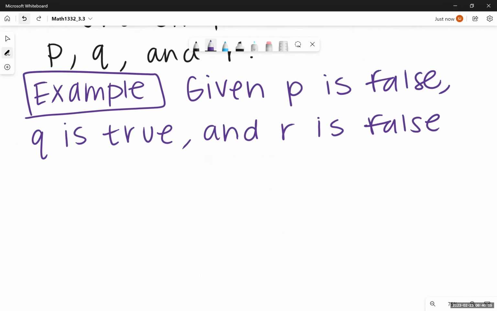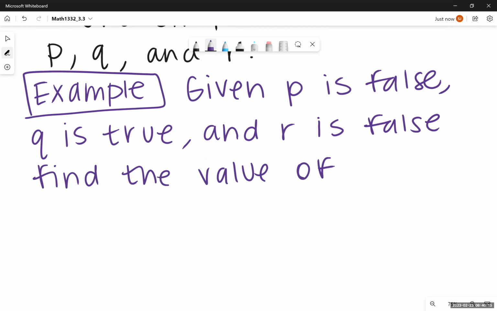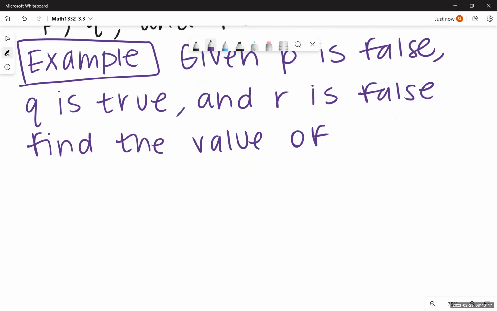And this is our find the value of. And then a little bit underneath it, I'm going to go ahead and write it. It is going to be open P, I'm sorry, open P and Q. I'm writing the compound statement.